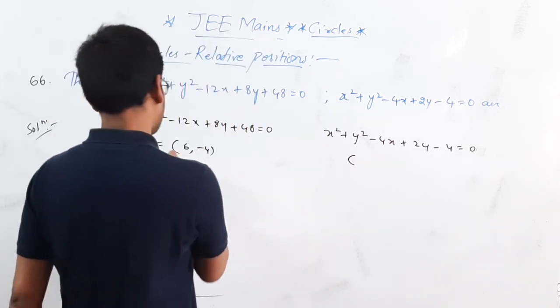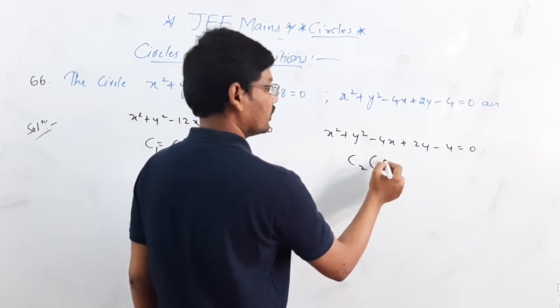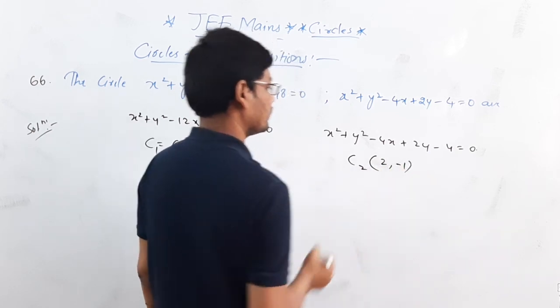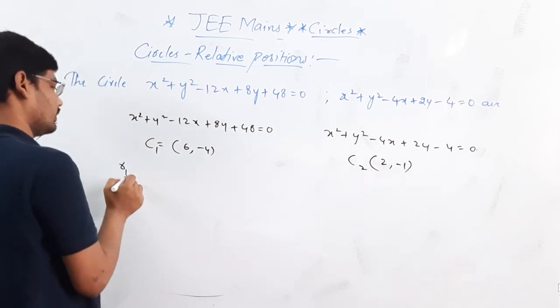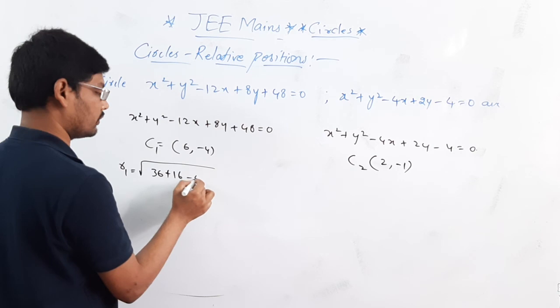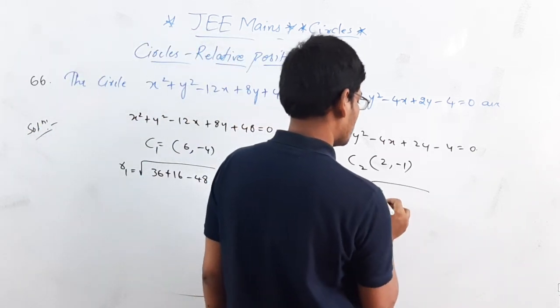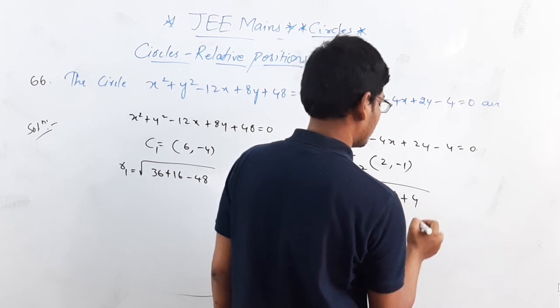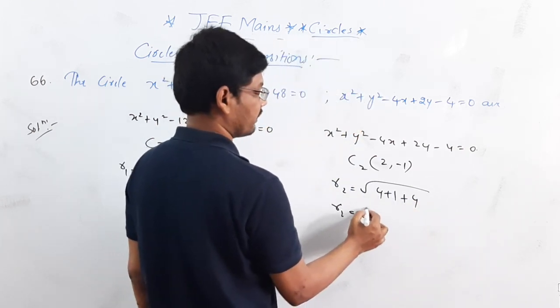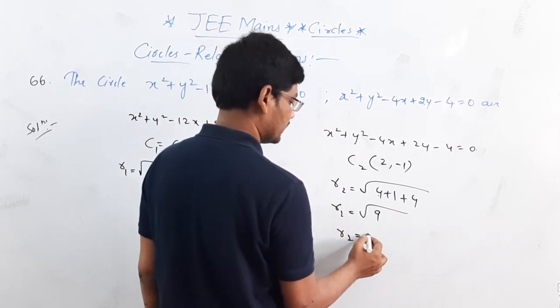The centers C1 and C2: C1 is 6 comma minus 4, and C2 is 2 comma minus 1. R1 is square root of 36 plus 16 minus 48, and R2 is square root of 4 plus 1 plus 4, that is 9, so R2 is equal to 3 here.